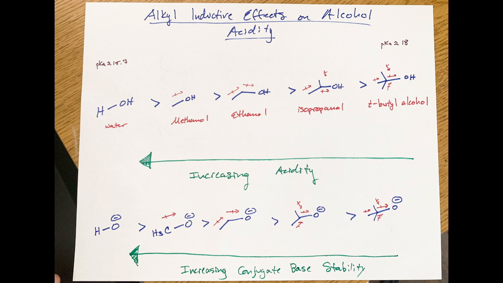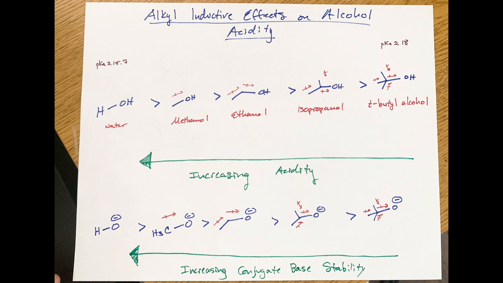So if we're thinking in terms of stability in our conjugate bases at the bottom, having more alkyl groups nearby is more electron donation. And it's adding more fuel to the fire. The oxygen already has a negatively charged situation. Why would it want more electron density, more negative charge? That's the opposite of stabilizing, which would be delocalizing that charge.